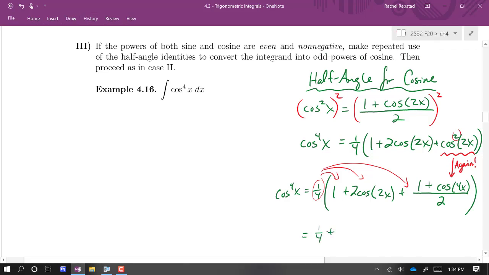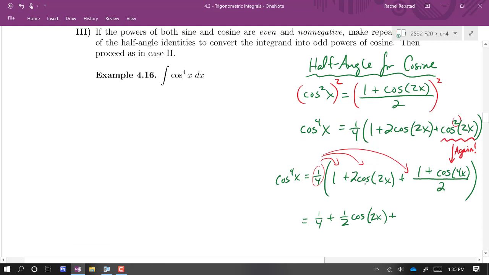It looks a bit like a mess right now, but I'm going to distribute this factor of a quarter. One-fourth plus, a quarter times 2 is a half, cosine 2x plus, this is 1 plus cosine 4x all over 8, right, 4 times 2.